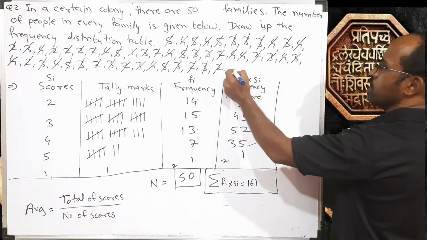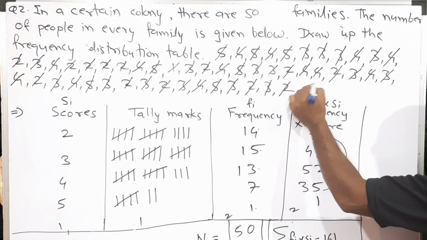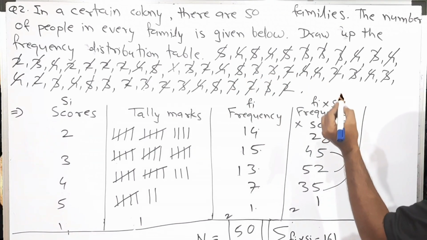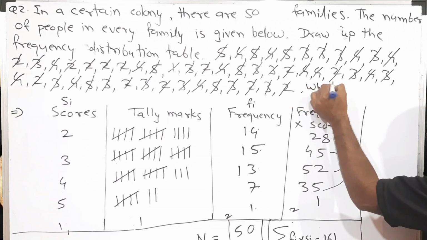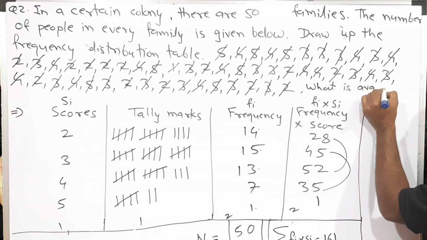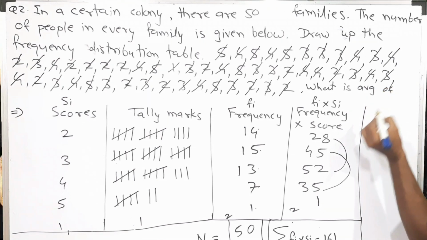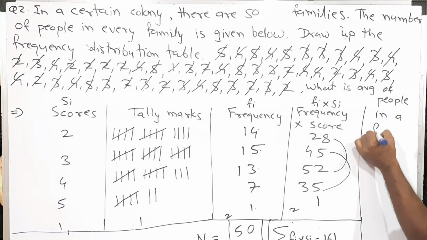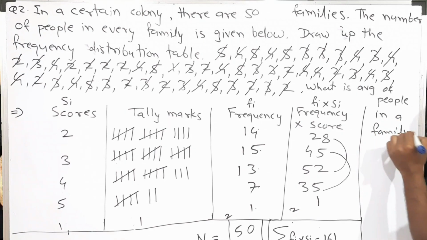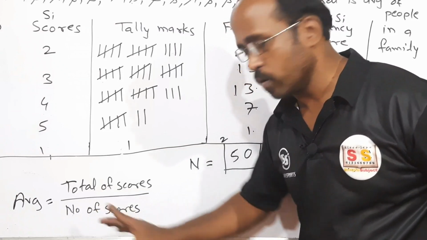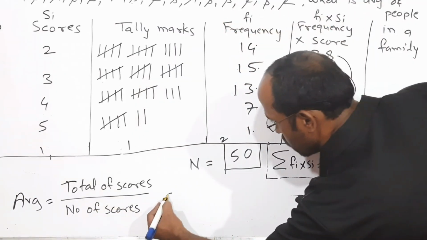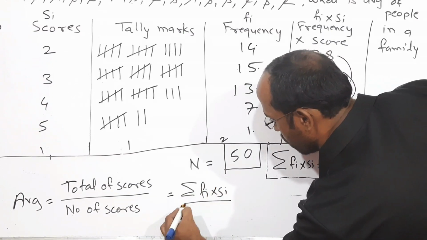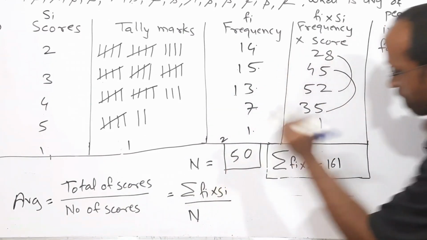So here we will just extend the question: what is the average number of people in a family? Average equals total of scores upon number of scores, or we can write it as summation of Fi into Si upon total number of scores, which is represented as n.